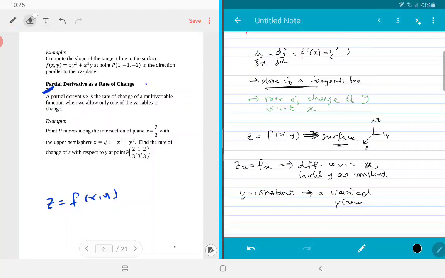If it's partial z partial x, we want to know the rate of change of z with respect to x. We hold y as a constant and only vary the value of x, to see what happens to z. That is considered the rate of change.